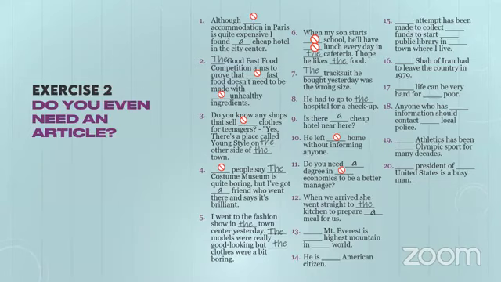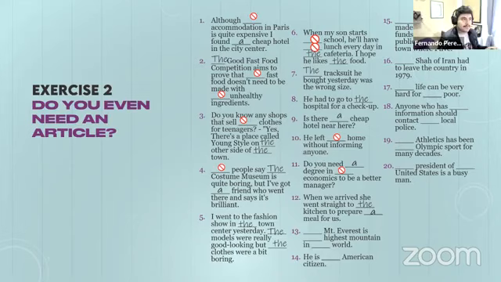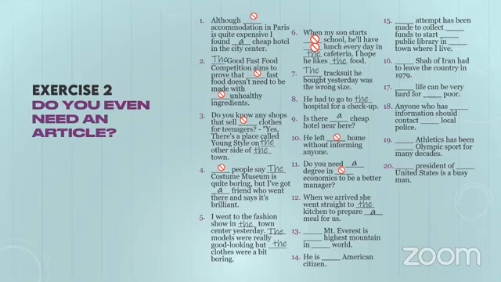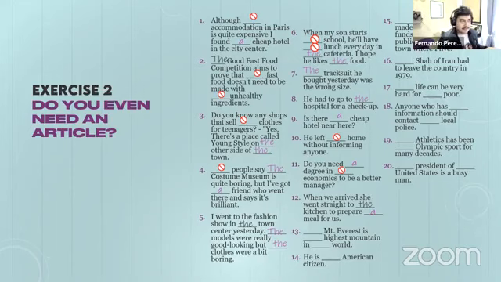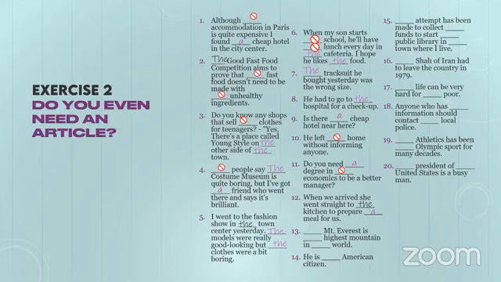When we are talking about mountains, "mt." is mount. Mount Everest. No, in this case it's the Mount Everest, no? Is the highest mountain in the world.